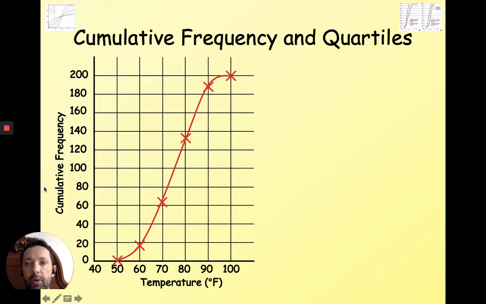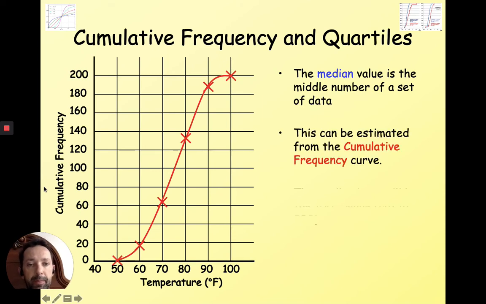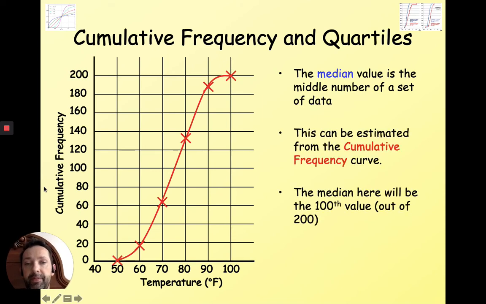Okay, so carrying on the same stuff, we've got the median, which is the middle. And we can estimate that from the cumulative frequency curve, absolutely no problem. The median will be the 100th piece of information. That's not always going to be the 100th piece of information. It depends on how many pieces of data you actually have, but you just take the whole total and halve it.